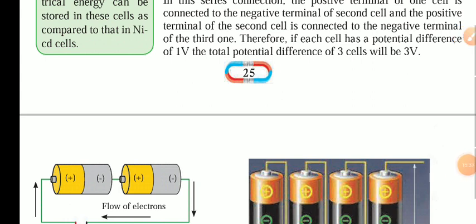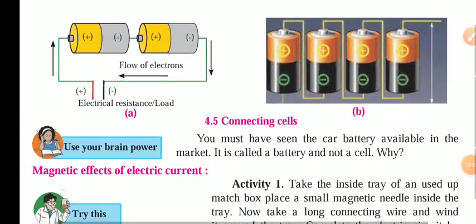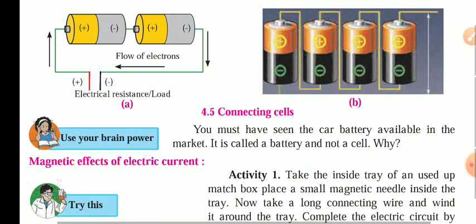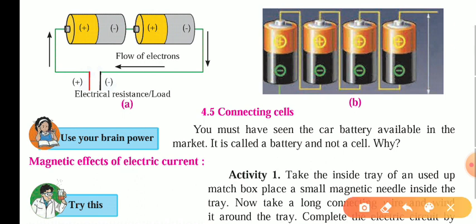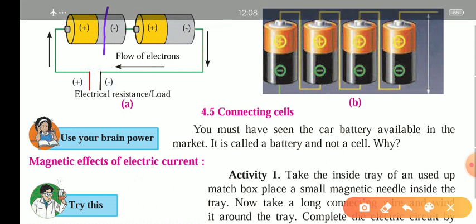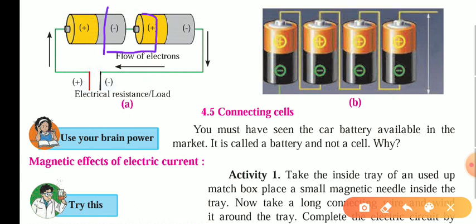Now in the next part, they have shown the electrical cells and how they are connected, connecting cells with each other. We have already discussed that every cell has a positive and a negative terminal, and if we want to connect them, the negative of one cell should be connected to the positive of another cell.